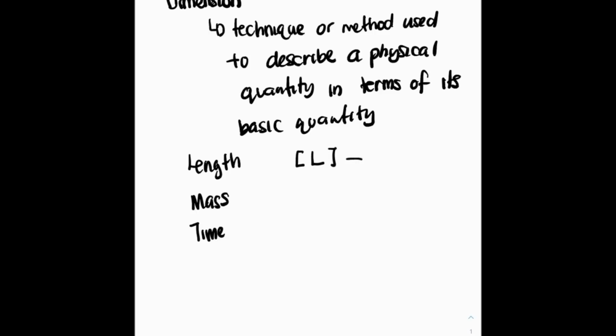This is what we call a dimension. So this is the dimension for the quantity length. Mass is denoted with capital M in a square bracket, and time, square bracket, capital T, and this is what we call a dimension.